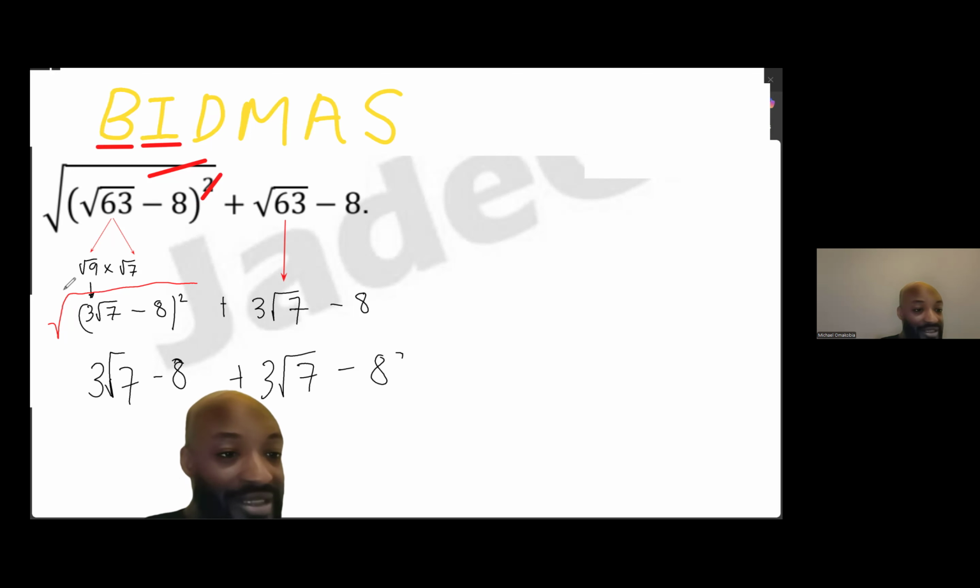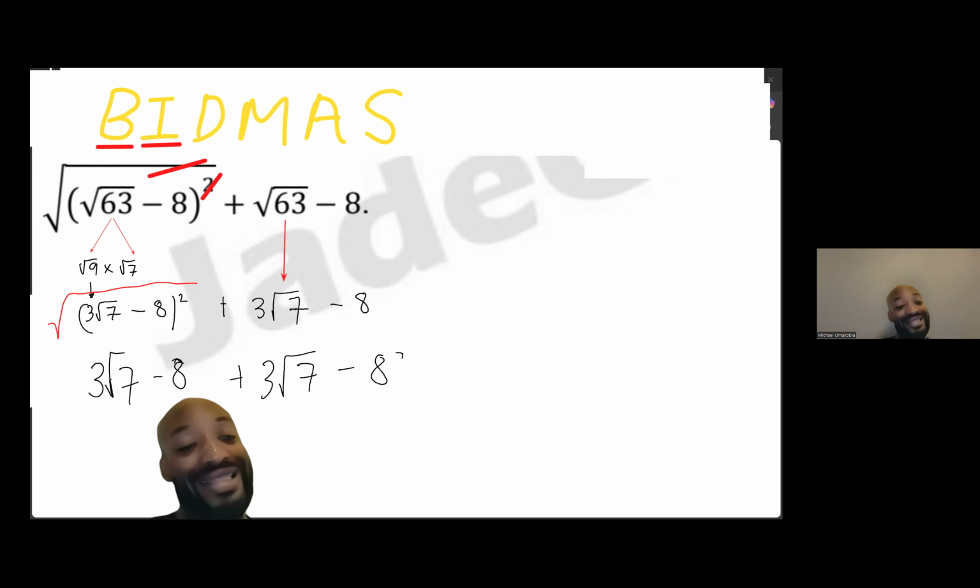Remember, as I said previously, the square term here has been cancelled out by the impact of the square root here. This is why we can write it as 3 root 7 minus 8 plus 3 root 7 minus 8.